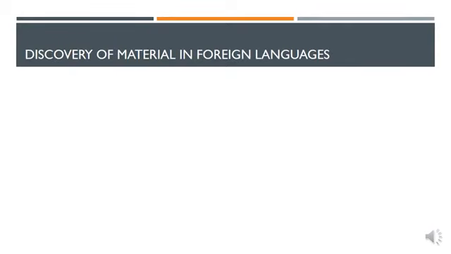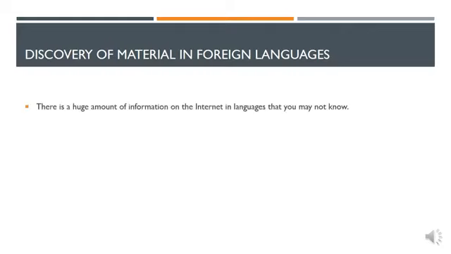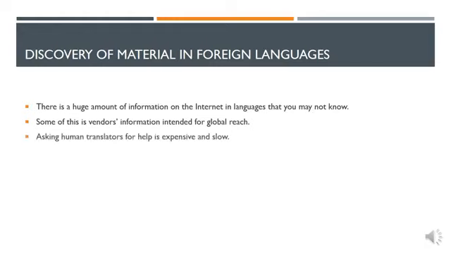Discovery of material in foreign languages. There is a huge amount of information on the internet in languages that you may not know. Some of this is vendors' information intended for global reach. Asking human translators for help is expensive and slow.